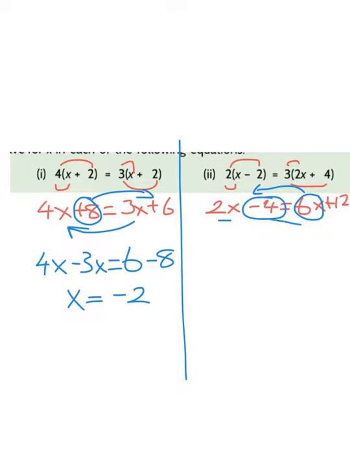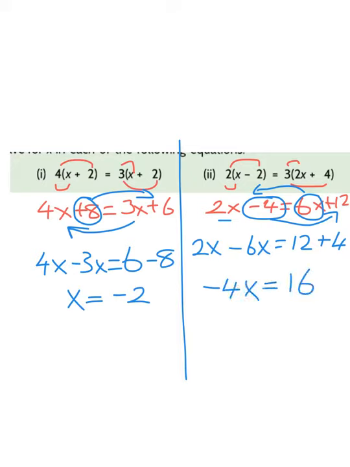Minus 4 on this side, and I want to move that over. So I get 2x minus 6x. I leave plus 12 on that side. And minus 4 now becomes plus 4. Okay, so simplifying. 2x minus 6x gives me minus 4x equals to 12 plus 4 is 16. Divide both sides by minus 4. And I'll get x is equal to minus 4.